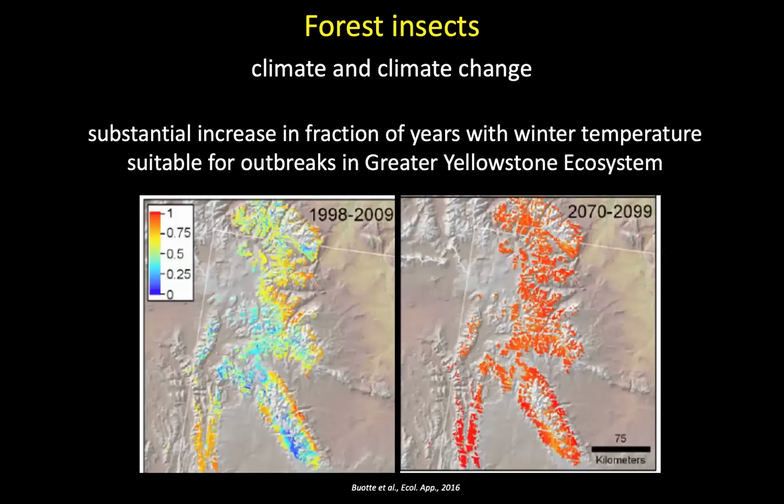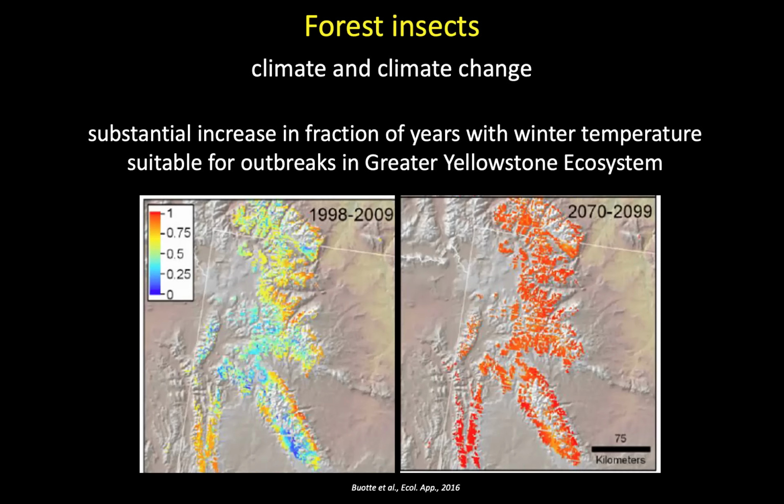As an example of how we might expect climate change in the future to affect forest insect outbreaks, I'll show you a study from my former graduate student, Polly Biot, who looked at mountain pine beetle outbreaks and whitebark pine in the greater Yellowstone ecosystem. She used a statistical analysis and modeling and projected how future climate change would affect the winter temperatures.